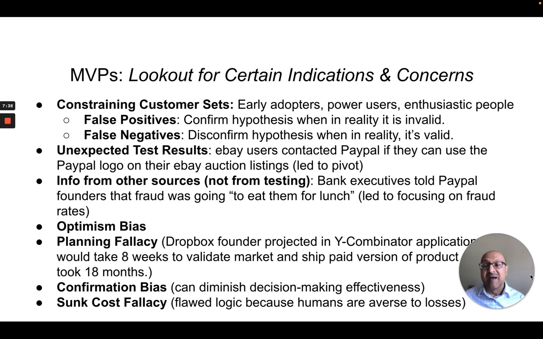Be careful of optimism bias. You might just be a very optimistic person, or have some fallacies, like a planning fallacy. Be careful about confirmation bias, which is where we have a bias, have an answer in mind, and then our testing is just finding sources of information that are going to confirm what our bias is already.